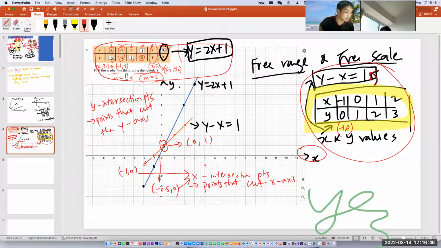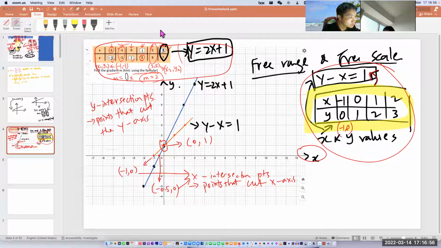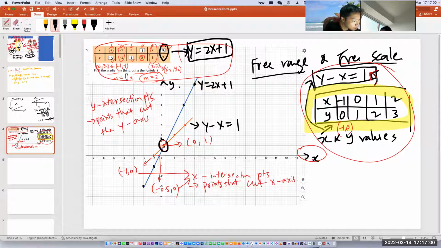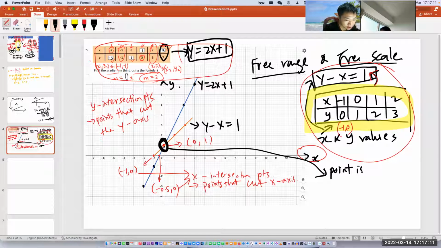Oh, by the way, let me caution you. A lot of students make this mistake. This point, the one I circled in black here, is 0, 1.